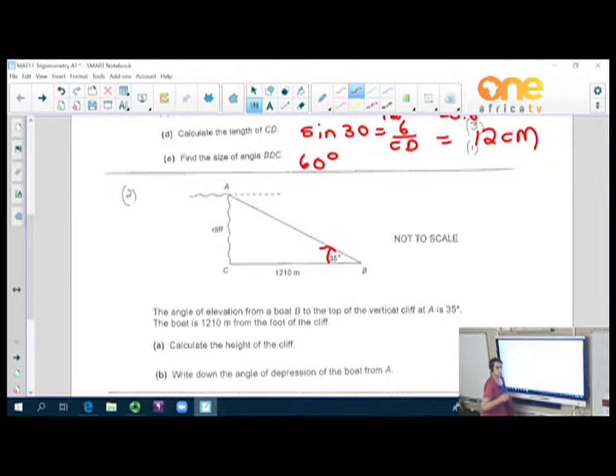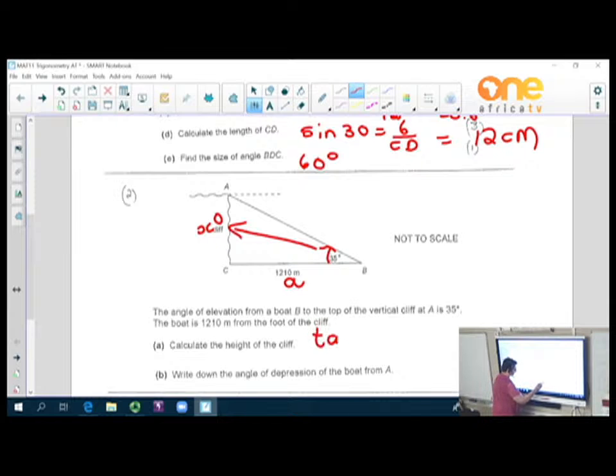Question 2. The angle of elevation from the boat, this is the angle of elevation upwards, is 35, and the boat is 1,210 meters from the foot of the cliff. Calculate the height of the cliff. This is what we want to calculate. Which function? It's tan. This is opposite. This is adjacent.